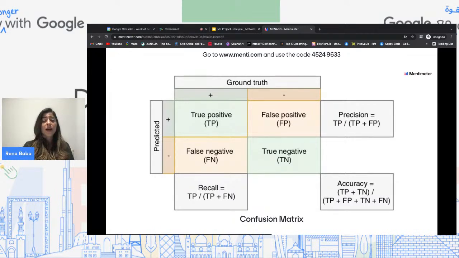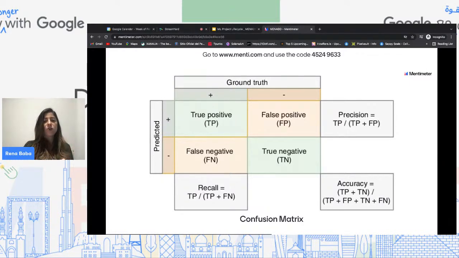So I'm going to focus on just two metrics here so as not to overwhelm you, and we're not going to focus on the math as much as the meaning behind these metrics. We're going to talk about recall and precision. Recall is the ability of the model to find all the people who are going to leave.